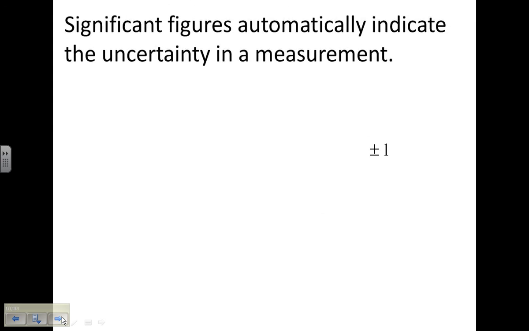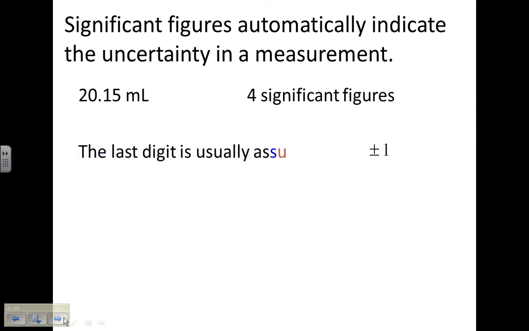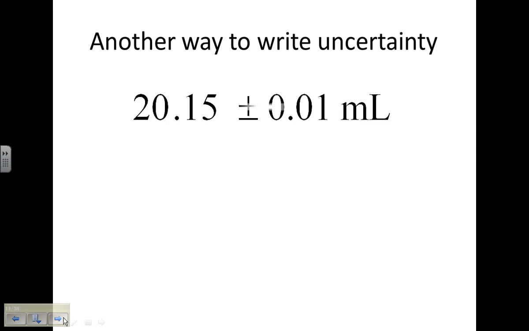So remember that significant figures automatically indicate that uncertainty in a measurement. So if you have 20.15 mils, it has 4 sig figs, and the last digit is usually assumed to be plus or minus 1. So in this measurement, we could say that 20.15 is plus or minus 0.01 milliliters.